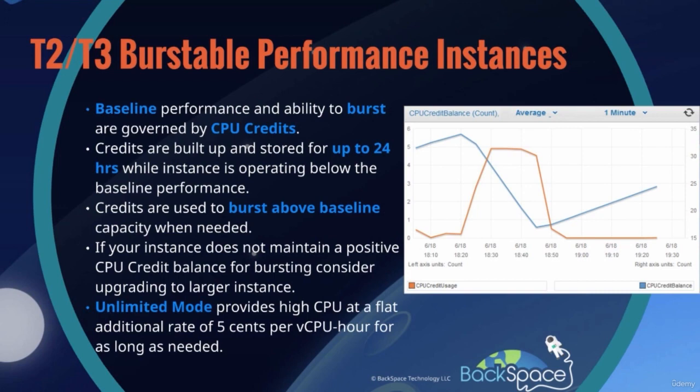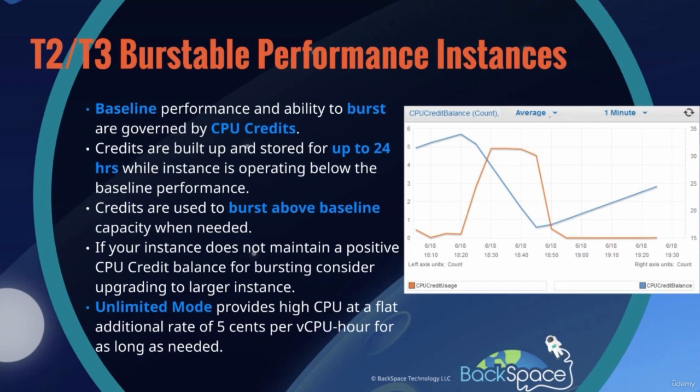Now, if you're finding that you're never having enough CPU credit balance to burst, that means that the average demand that you're getting over that 24-hour period of time is above what your baseline capacity is. So you need to consider upgrading to a larger instance to keep below that baseline capacity.